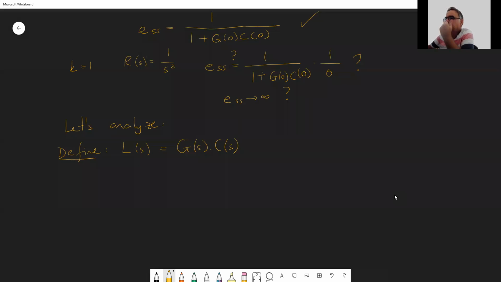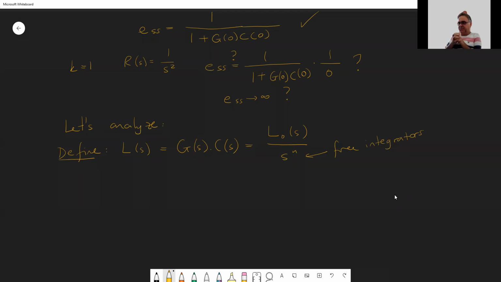Now this L might contain an L0 term, and it might contain some S to the n terms. These are called the free integrators. Why do we call it an integrator?